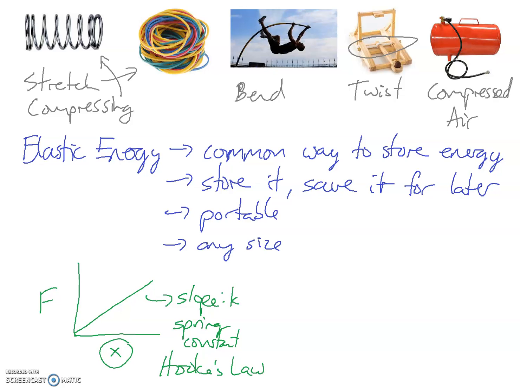This is a very simple linear graph, basically y equals mx plus b, where b is 0 and it goes through the origin. So the formula is force equals kx, and that's it. That's how you calculate how much force is required to extend or compress a spring or elastic: F equals kx. It's actually pretty simple. It's not that big of a deal.